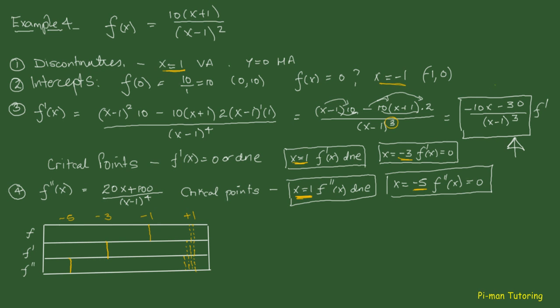If we feed negative 4 into this expression, that will give us negative 4 times negative 10, so positive 40 on the top minus 30, so a positive number on top. And on the bottom we've got x minus 1 cubed, so a negative number cubed is negative. So we know that in this zone the slope is negative, so the function is heading in a downward direction.